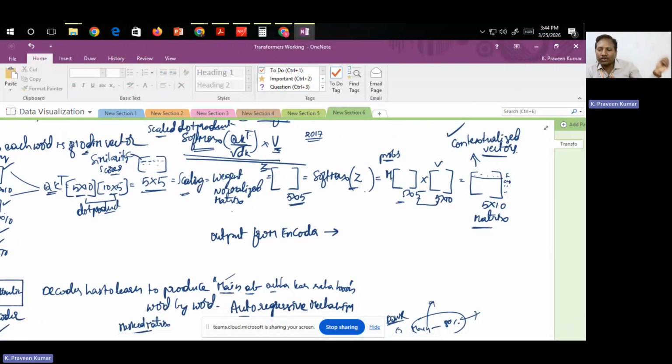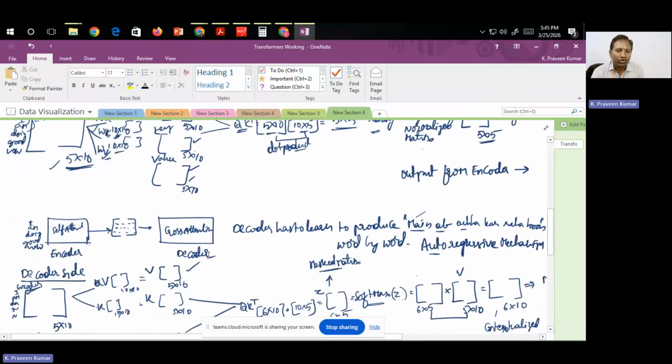Because instead of the direct word2vec vector, now these are all contextual ones, they know about each other. So I knows about am, and am knows about doing, and doing knows about now. So localized contextual information has been captured here. This is the output of the encoder part.